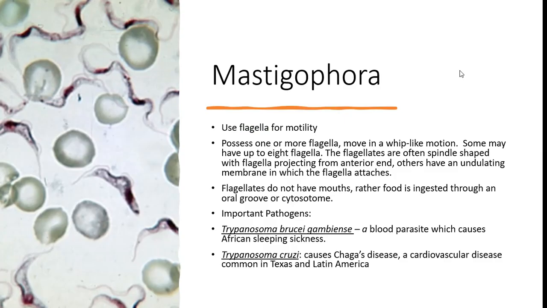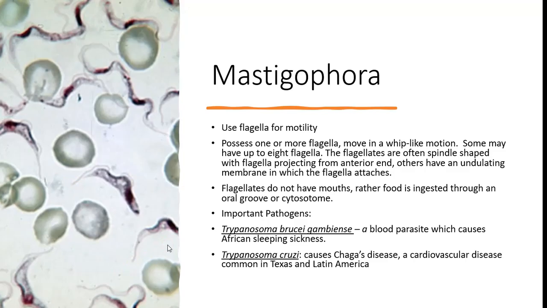Now, when we talk about that they're in that flagellate stage, having the flagella, they don't have mouths or anything to ingest, rather they will use what's known as an oral groove or a cytostoma, okay? And you'll see some pictures over here to the left, and here is that flagella. In this case, it's just a single flagella. Now, just as an introduction, there are several important pathogens.